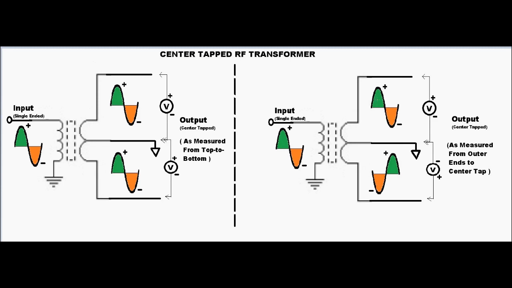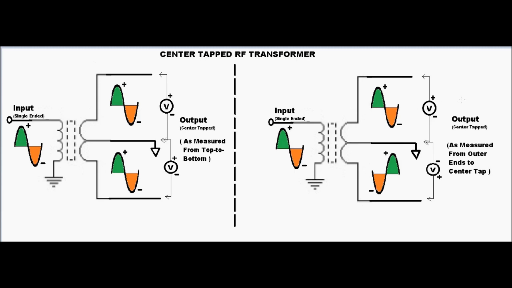When the upper one goes positive, the lower section goes negative relative to the center point, and when the upper one goes negative, the lower half of the winding will go positive, as measured from the outer arms to the center tap point, which is ground, which is the neutral. So this is a key concept. The center tapped RF transformer is creating opposite voltages from a single-ended input.